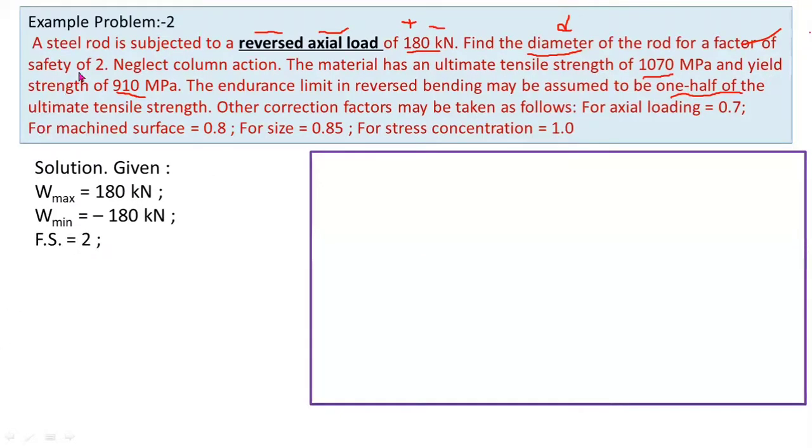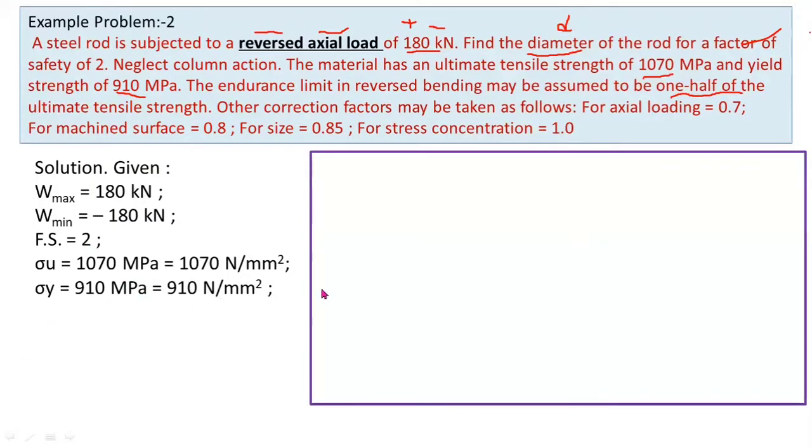Now Fs, factor of safety equal to 2, and ultimate stress sigma u equal to 1070, 1 megapascal is 1 Newton per mm square, and yield strength sigma y equal to 910. Next, here you have to consider endurance limit equal to 1/2 of the ultimate stress, that means 0.5 sigma u.